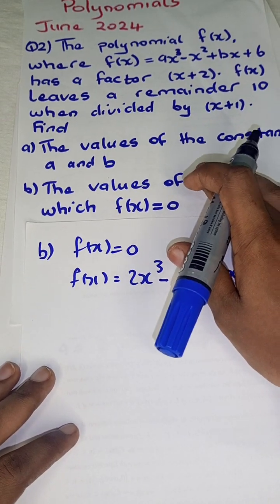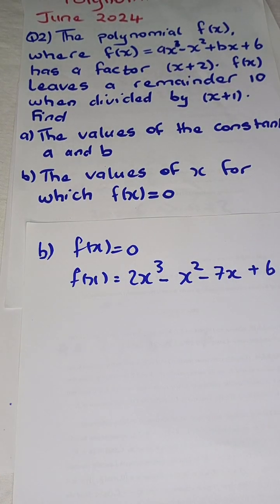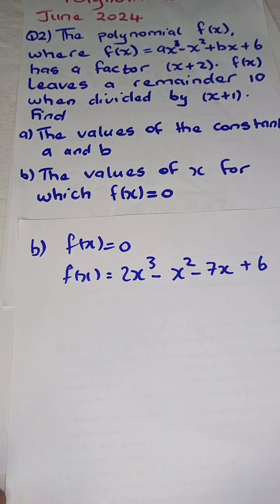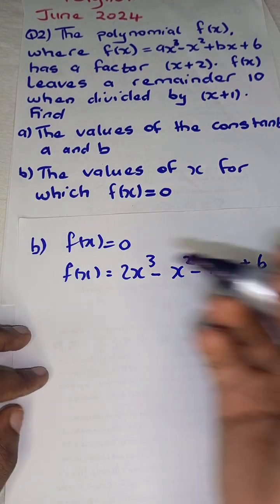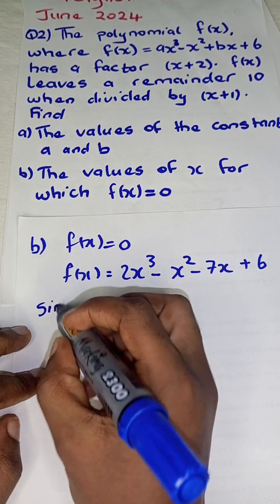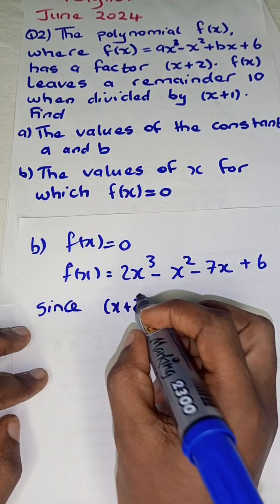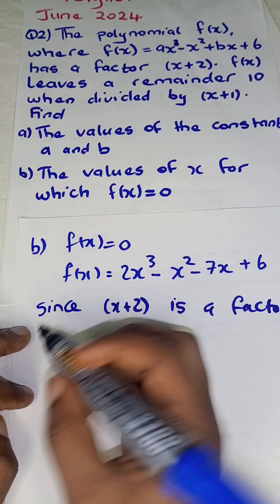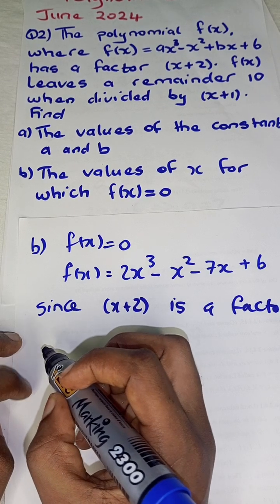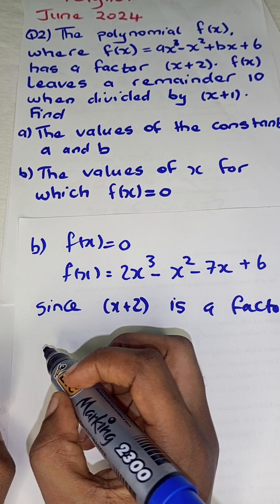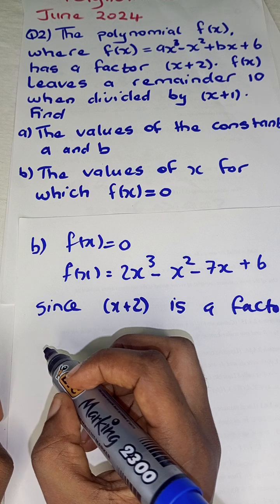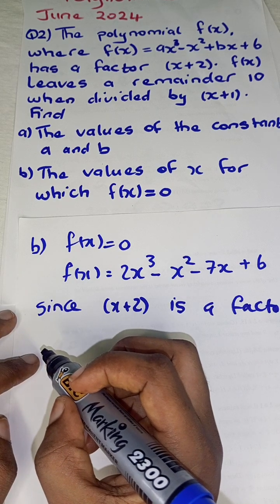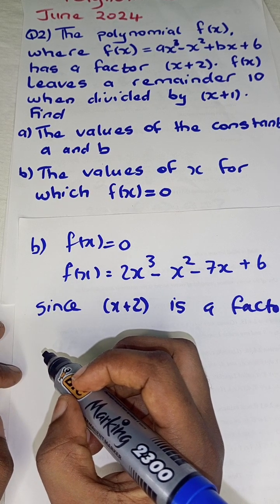Again, we are going to use the factor that was given to reduce this equation into a quadratic equation. So since x plus 2 is a factor, we are going to factorize f of x completely, and we are going to do so using the long division method. Why are we doing so?